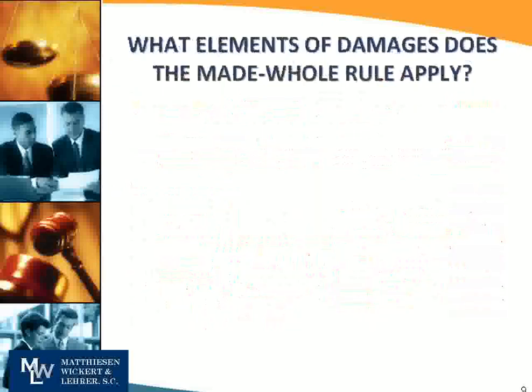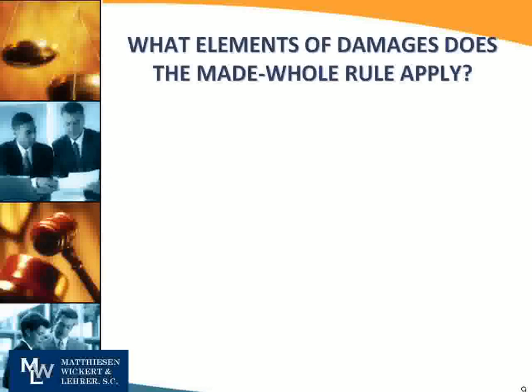Next, what elements of damages does the made-whole rule apply to? And this is where I get into the question of what exactly is the size of the pie, and how do we measure the pie? Because as you all know, if you are out there paying medical expenses, disability expenses, that's only part of the total amount of damages that your insured or the plaintiff is going to be able to recover in a case.